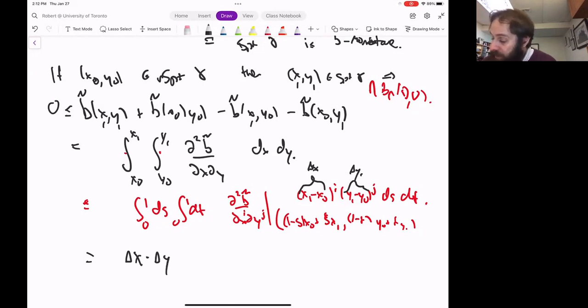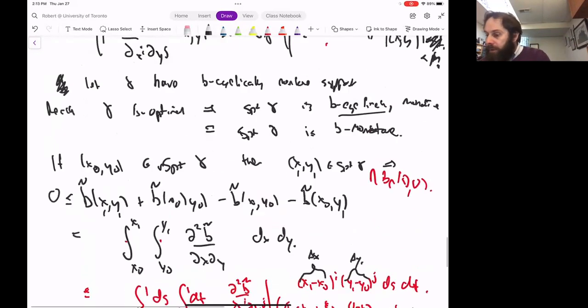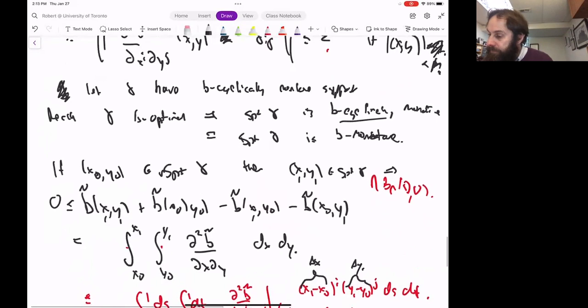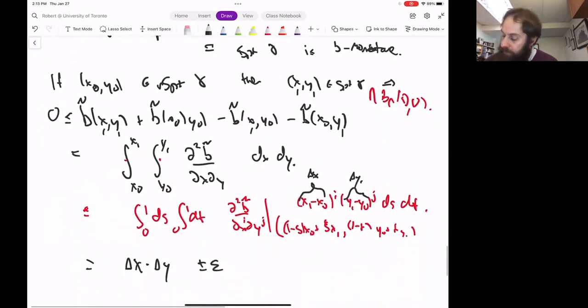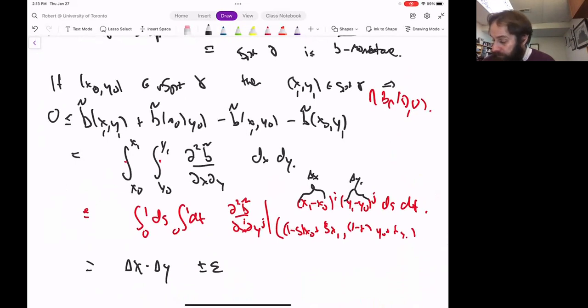And then the correction is going to give me something of order epsilon, so something, let's say, plus or minus epsilon tilde, where epsilon tilde is smaller than epsilon.